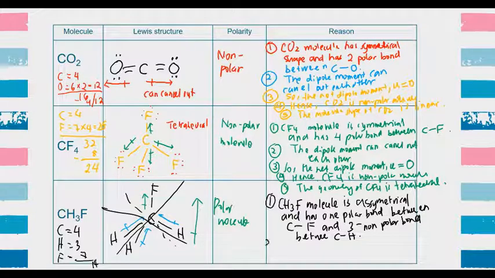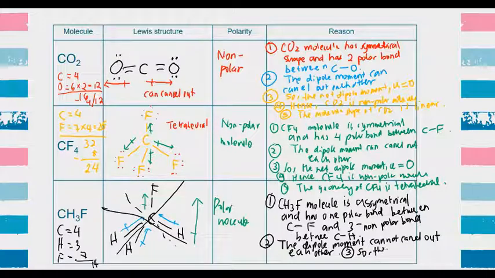So, point kedua, the dipole moment cannot cancel out each other. So, point yang ketiga, so the net dipole moment mu not equal to 0.